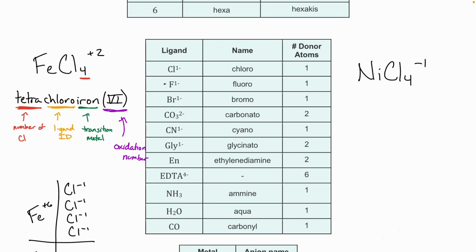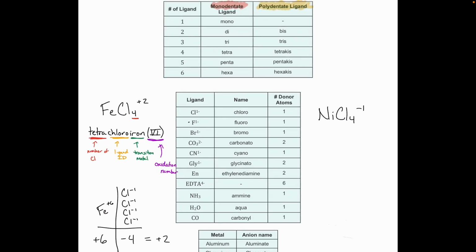I'm going to still use, this is a what? Poly or monodentate ligand? Mono. So I'm still going to use my mono ligand section. 4 would be tetra. So tetra, chloro. All right, chloro because it's a chlorine.